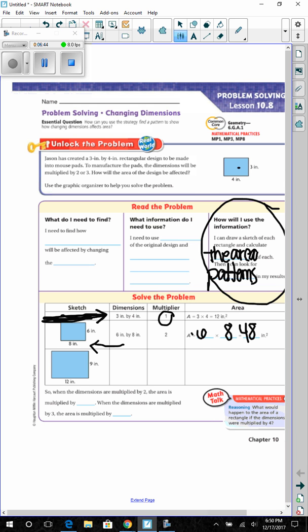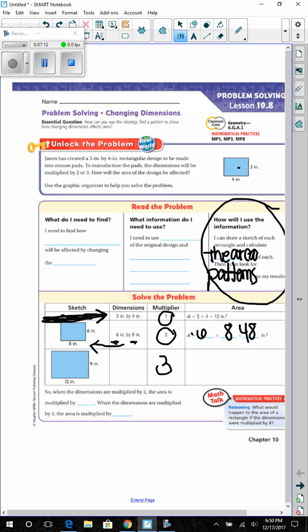On the second portion, they used the multiplier 2. So they took 3 times 2 is 6, which is how they got that number. And then they took 4 times 2 is 8, which is how they got that number. That will be important for when we use the next multiplier down here, which is 3.